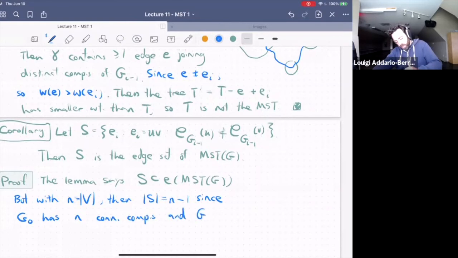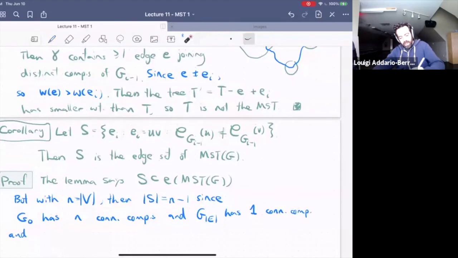And the graph we finish with, G with all the edges, is, well, that's just G. It has one connected component, right? And each time we add an edge of S, it reduces the number of connected components by 1.